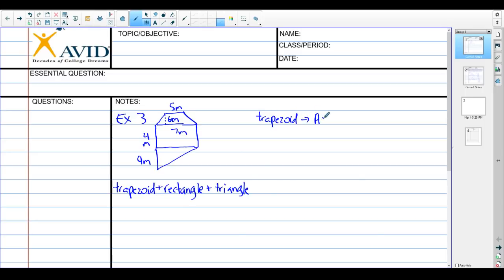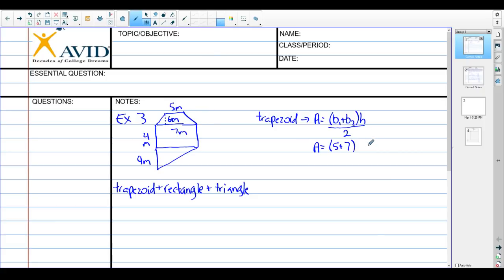That is A equals, base 1 plus base 2 times height divided by 2. So let's fill in our numbers. Our 2 bases are the 2 sides parallel to each other. So that's 5 plus 7.